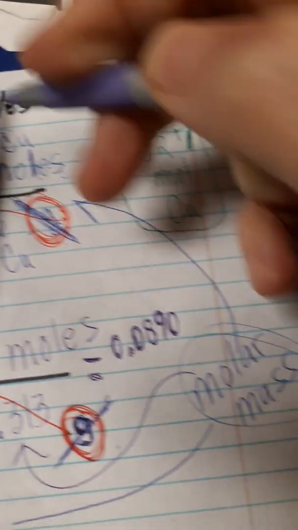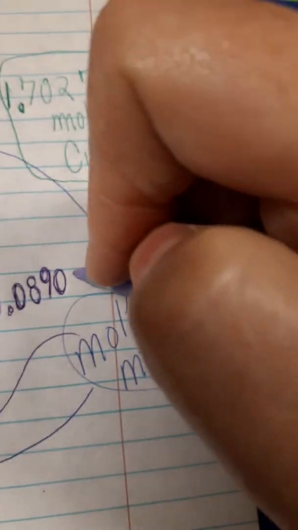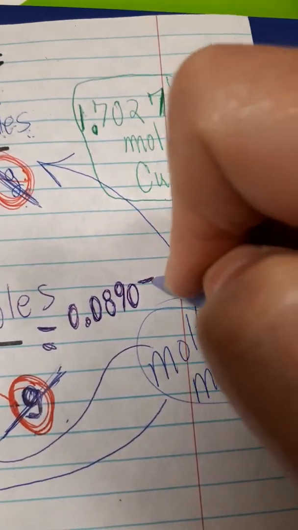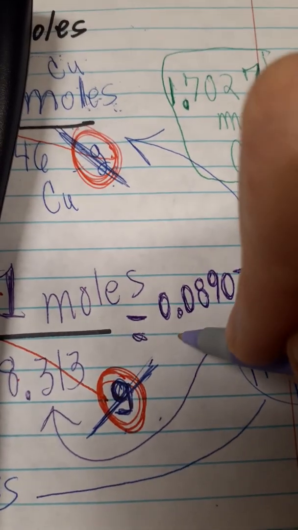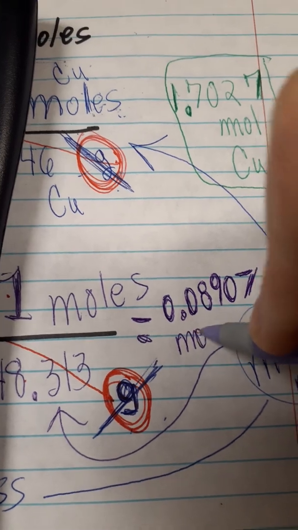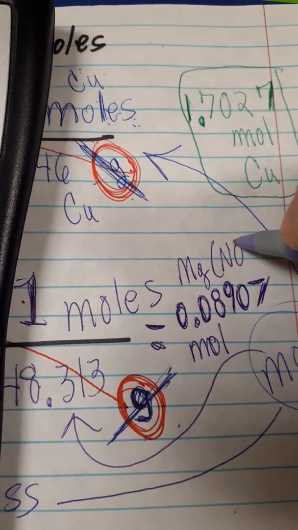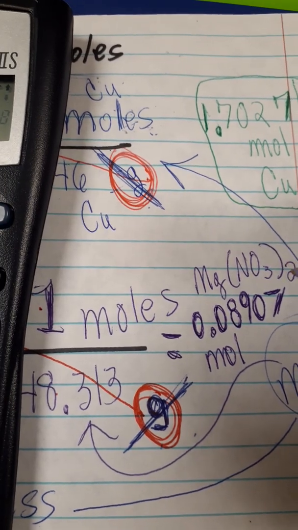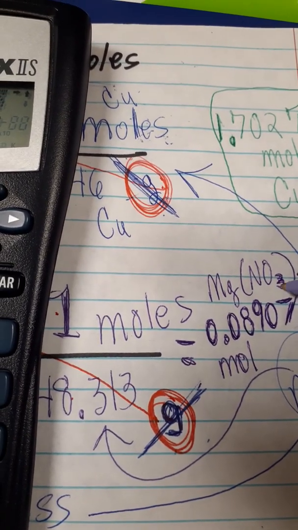0.0890. And remember, the 6 had to turn into a 7. So that is now a 7. And again, the unit's moles of magnesium nitrate, and that is a 3 here. Just wrote it kind of small.